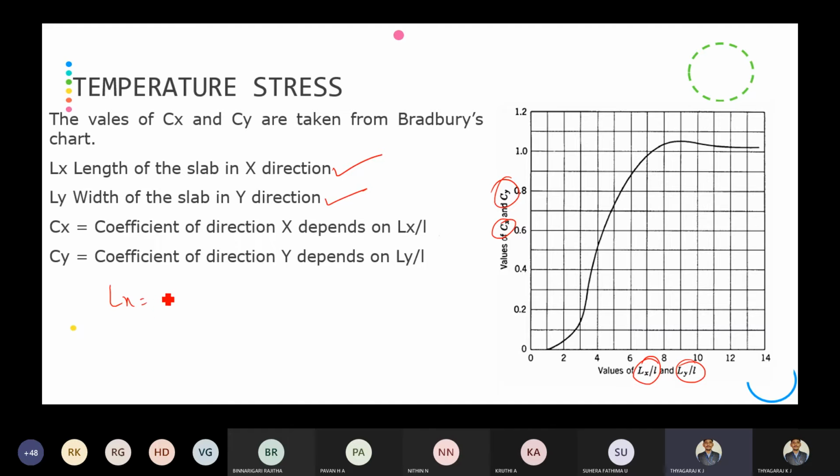So Lx, the length of the slab, divided by the radius of relative stiffness. The ratio of length to radius of relative stiffness, we are going to call it Lx by L. So based on Lx by L we get Cx, and Ly is the width of the slab to the radius of relative stiffness.